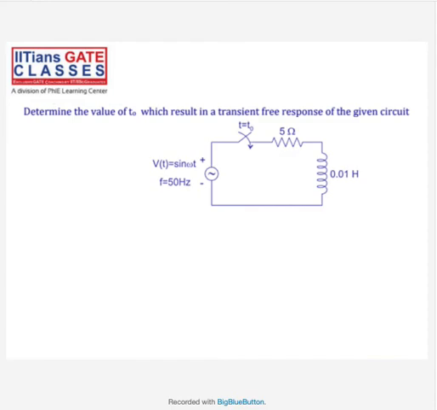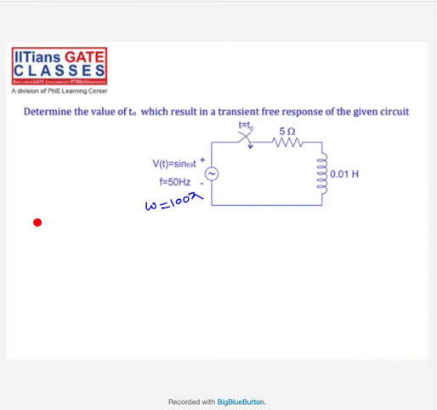Basically this is an RL circuit, and omega is given as 100 pi, since 2 pi f with f as 50 gives 100 pi. So when should the switch be closed for transient free response?